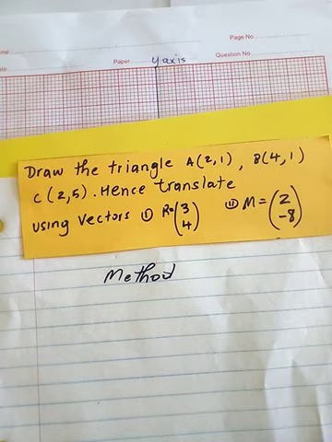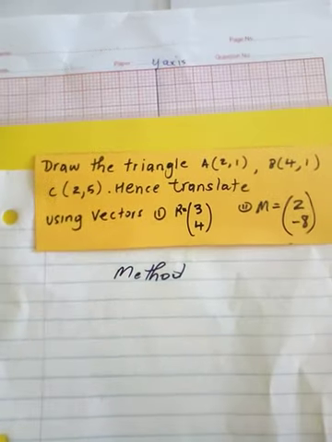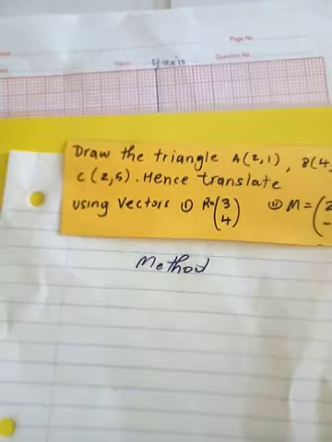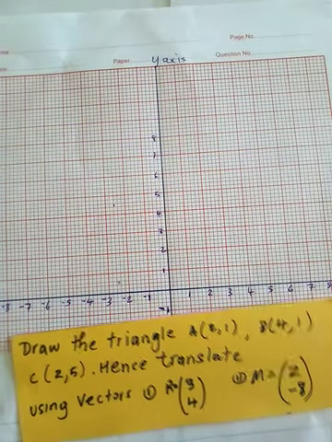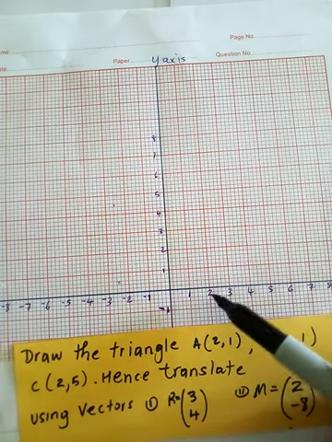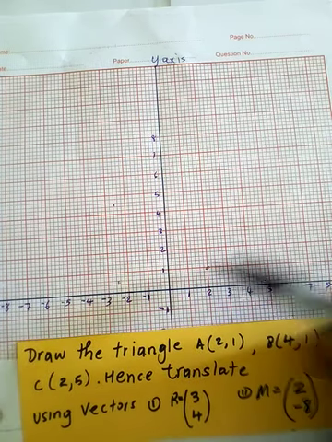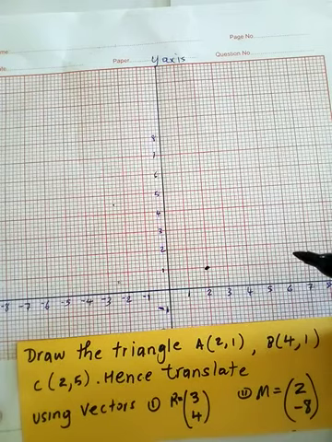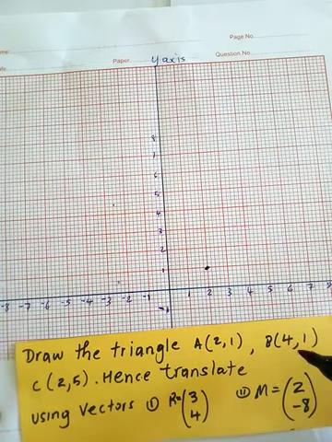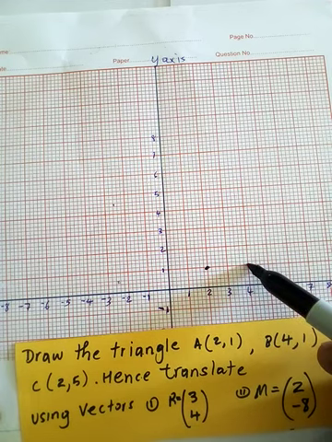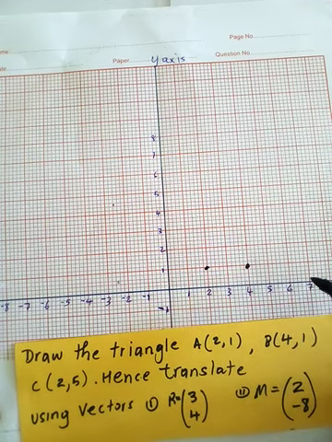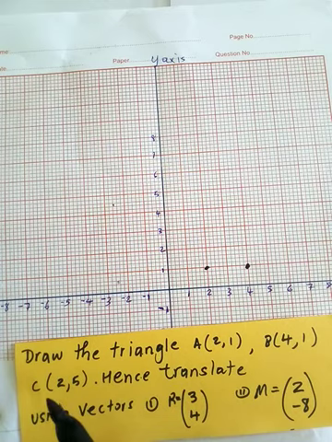So this is a graph we're going to create here. Using the points, so 2, 1 on the Cartesian plane. So we find positive 2, 1. Next point, 4, 1. So we find positive 4 on the x-axis and 1. Point C, 2, 5.